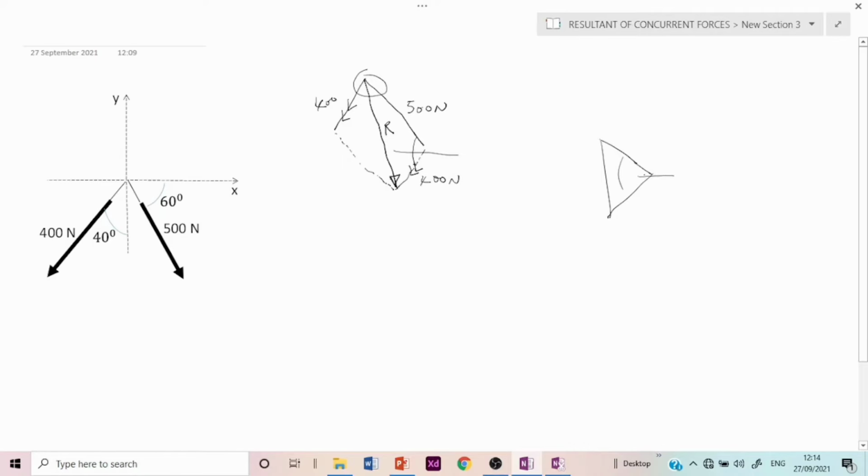To find that angle, we're told that this one makes 60 degrees with the horizontal, while this one makes 40 degrees with the vertical. So we can have that this is 60 and this is 40, 90, and this is 90 minus 40, which is 50. It therefore means that the whole of this angle is going to be 110 degrees.